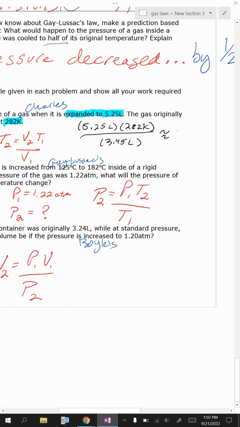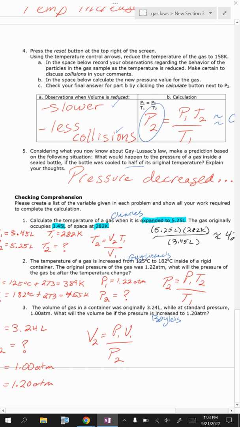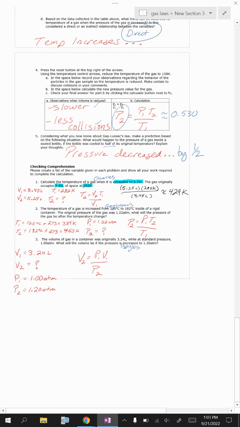That's about 429 Kelvin. And I'm done with that one. Okay, so there it is, all on one view.